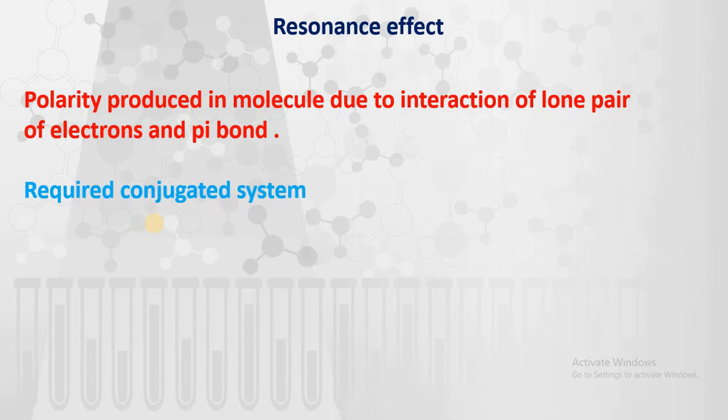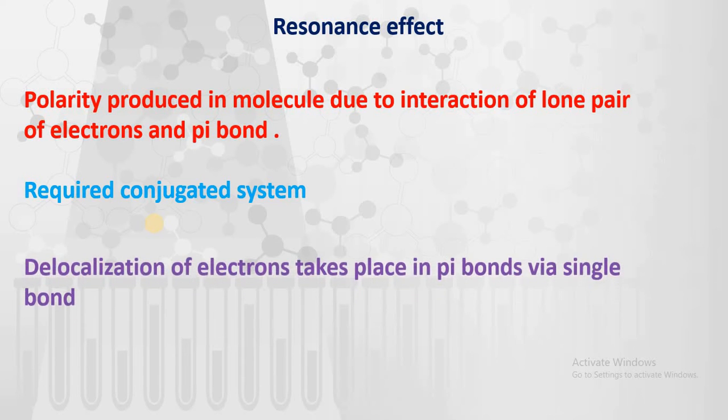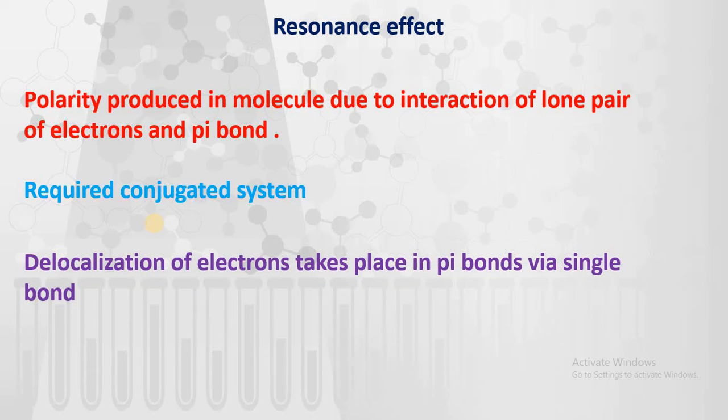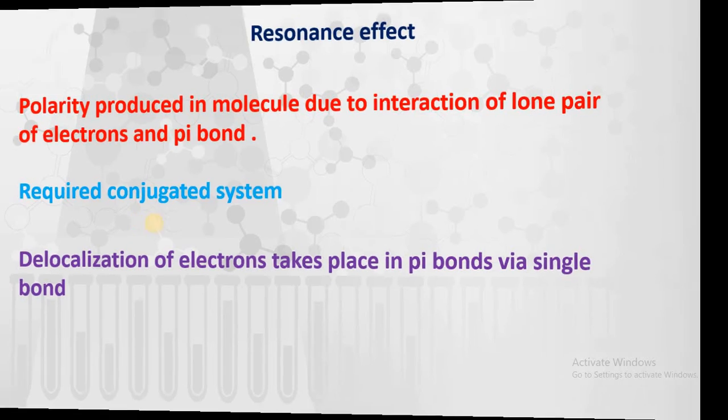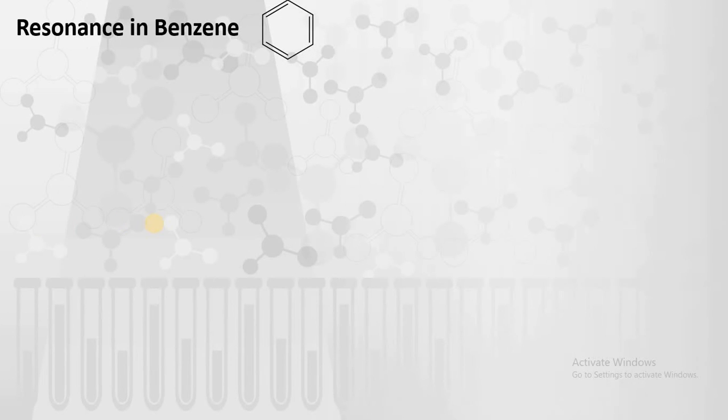The system required for this resonance effect is the conjugated system, then delocalization of electrons which can take place in pi bonds via a single bond. So let us see this with the help of the example of benzene.